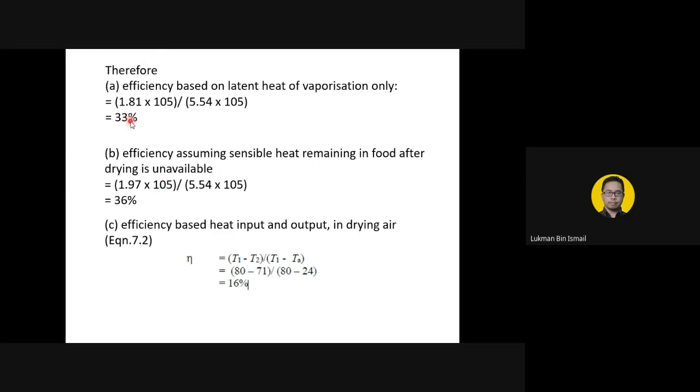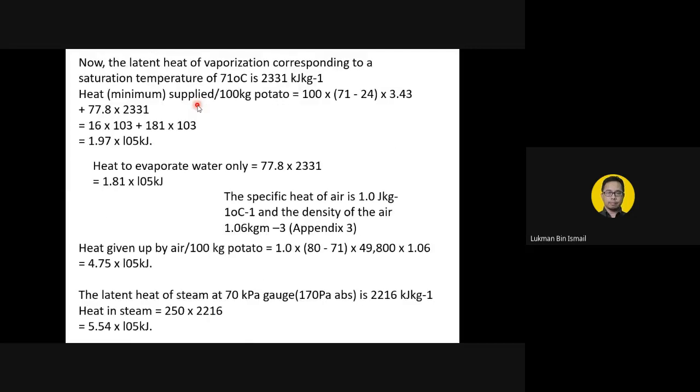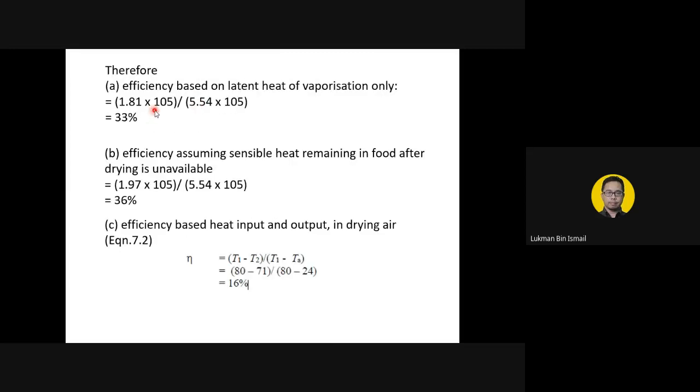Thus the efficiency based on latent heat of vaporization only is the amount of heat required over the amount of heat provided by the steam. 1.81 divided by 5.54, so you have only 33% efficiency.